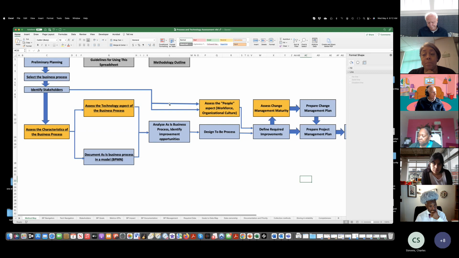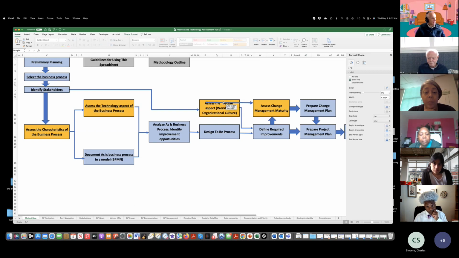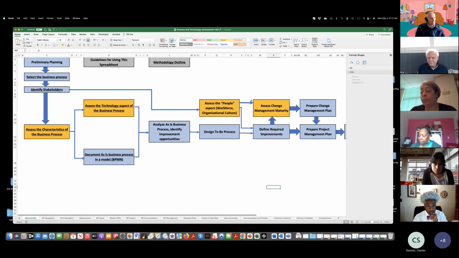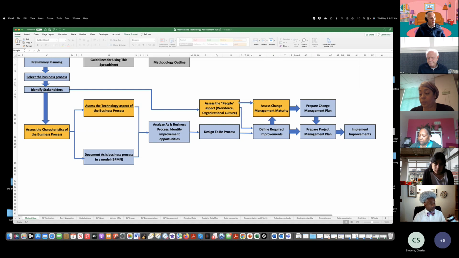Okay, I put this in the wrong place. Sorry. This may help. I just added an arrow here. The way it's envisioned is that when you assess the change management maturity, in addition to having this survey that we've been talking about, you would also have the results of the workforce and organizational culture survey, which was confidential.